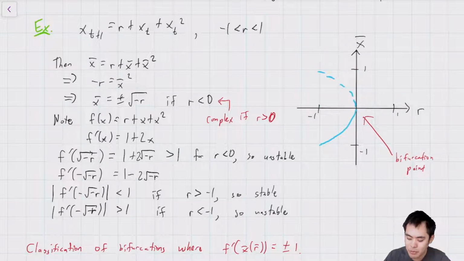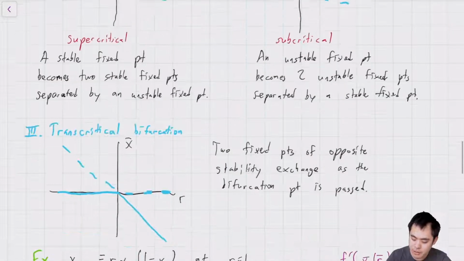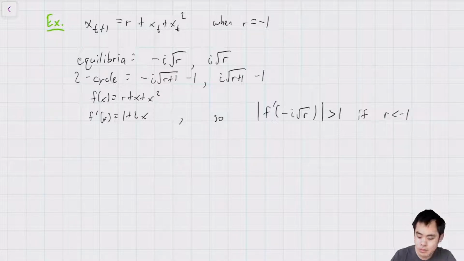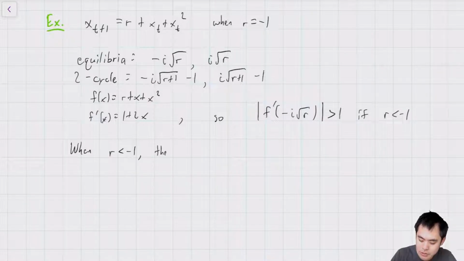Instead, we're going to worry about this stable equilibrium. We're going to focus on that one. So note that when r is less than minus 1, the 2-cycle is real.